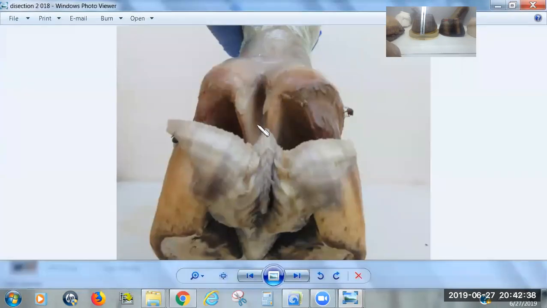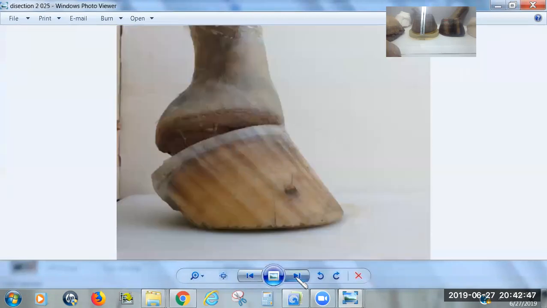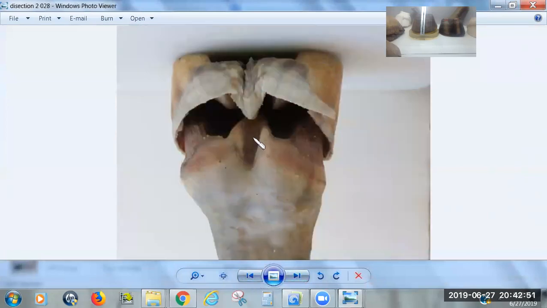Okay, then this frog starts to grow in here too. See that thing there? That's a big old chunk of frog there. See that there's your frog corium, and you have to have this frog growing in there.